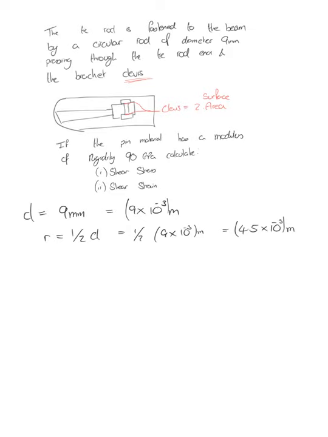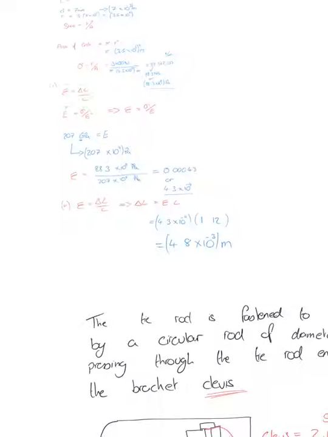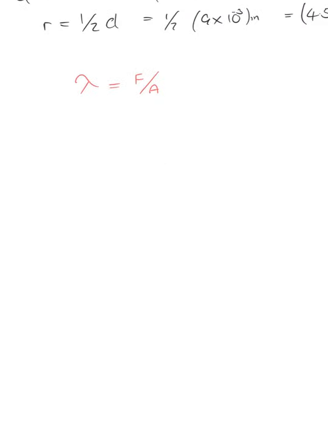So now look at what I've been asked and look at the formula for it. Shear stress, it's a different symbol, but the equation is the same. So tau equals force over area. The force in my system hasn't changed. Go back to the start of this question. Force is still 3,400 newtons. Area: just need to remember it's twice the area because it's with the clevis.